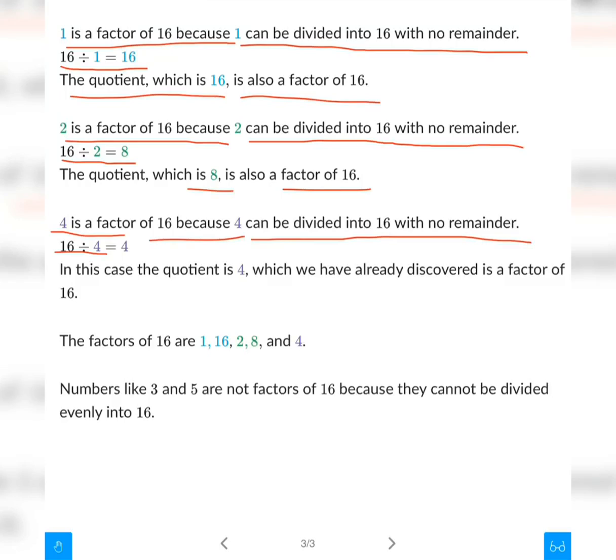So like this, the factors of 16 are 1, 16, 2, 8, 4. Numbers like 3 and 5 are not the factors of 16 because they cannot be divided into 16, they will leave a remainder. So I hope that you better understand now what are factors and multiples.